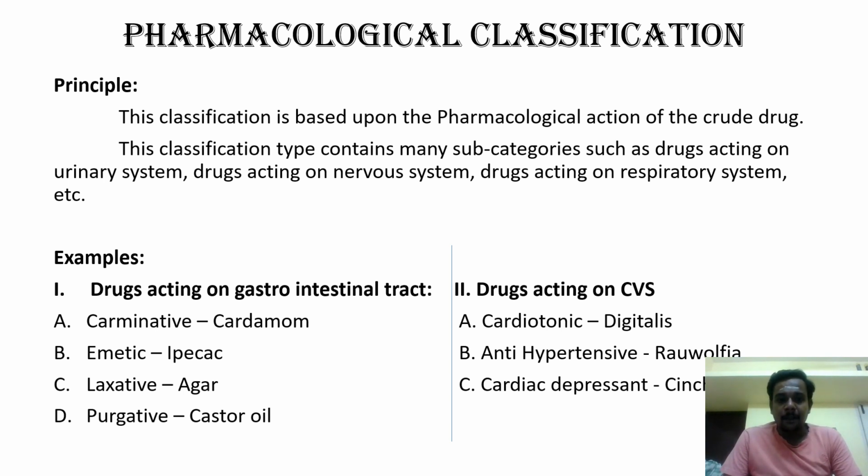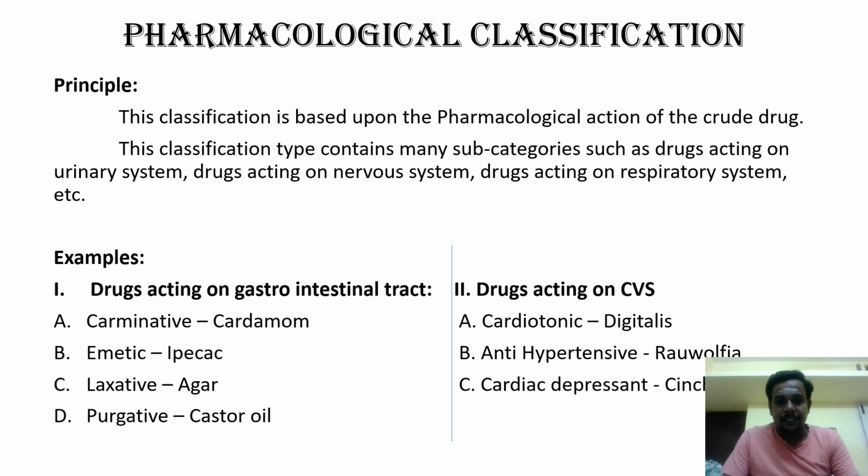Because in the gastrointestinal tract we may get many diseases or disorders. For example, we may get constipation or diarrhea or indigestion, and so on. And for each disease we are going to have certain crude drugs, right? So in this category again there will be many subtypes.